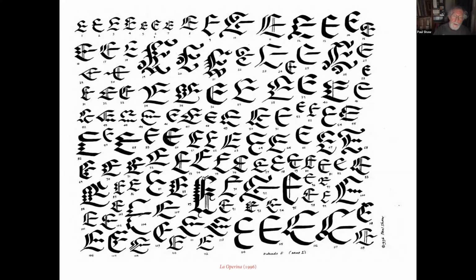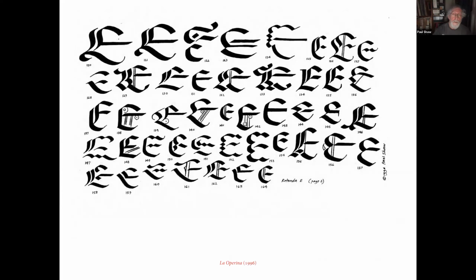We've already seen the source of that one today. Here's the half page, others. So there are 164 different E's. It's impossible to say that there is a definitive form, except for the fact that basically the uncial skeleton is under almost all of these.